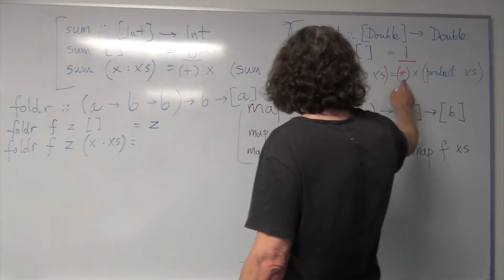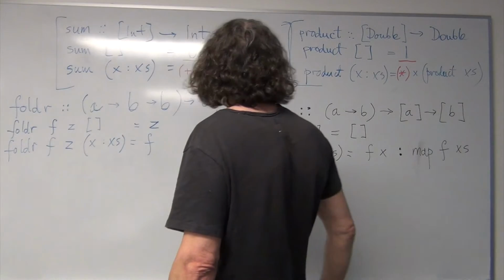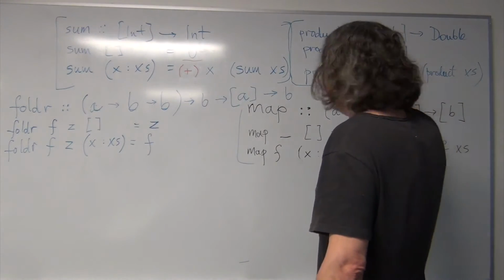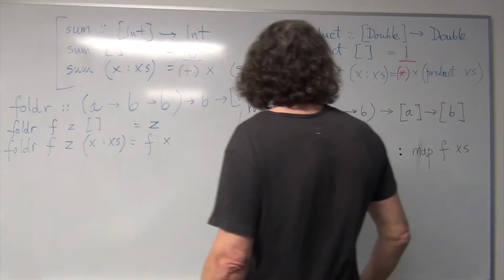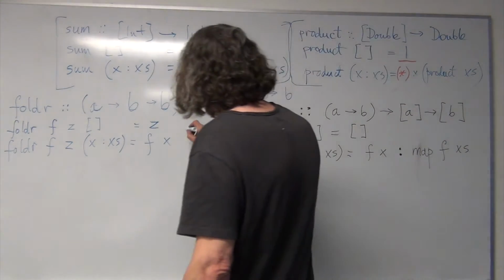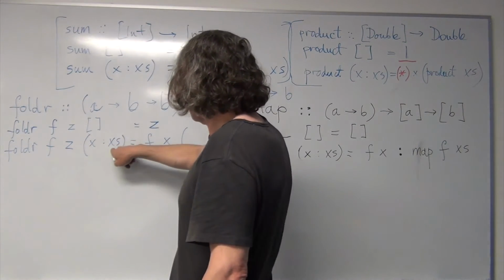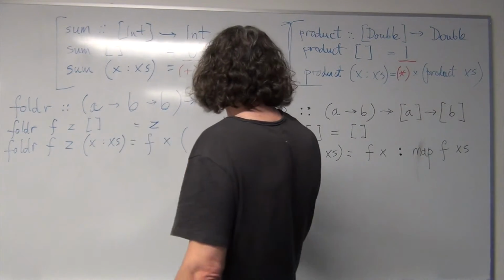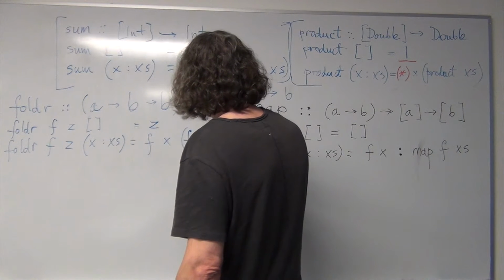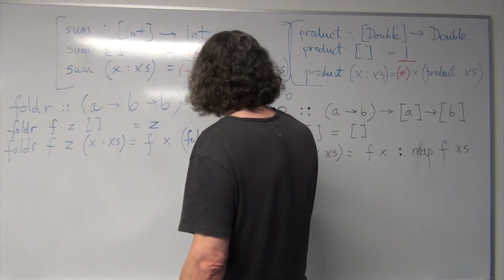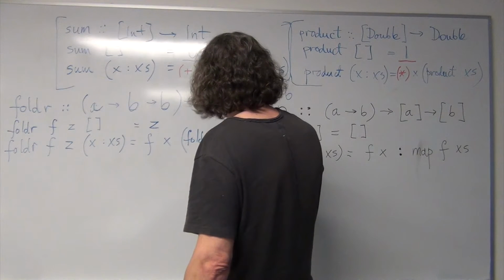Here it's a plus, here it's a star. We're applying this function that we call f now to 2 arguments. One argument is the head of the list, so it's an x. The second argument is our function acting on xs. So this is where the recursion comes in. So it will be our foldR acting with f z on xs.